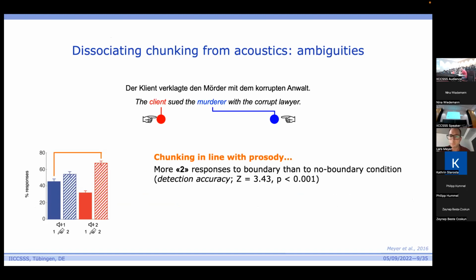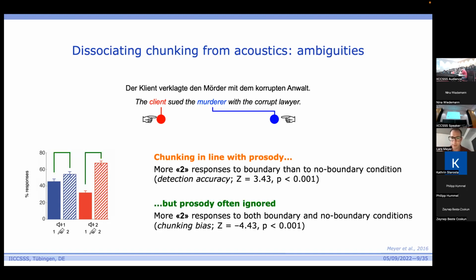When there is a prosodic cue at the end of the murderer that says, hey, quit the chunk, then people tend to do this. Yeah, so they are obedient, and vice versa. When there's an acoustic cue only before the murderer, but no acoustic cue intervening between murderer and the rest, people tend to make one long chunk. So prosody works. Thank you, prosody. But people often ignore that prosodic cue. And that's why we are using this paradigm. Of course, we know this works for that paradigm.